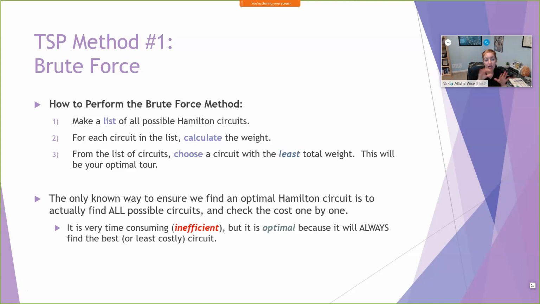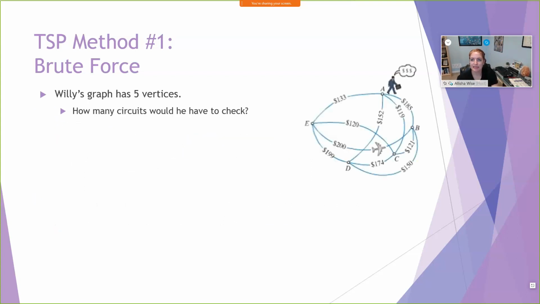That's a lot of work. So we don't generally do the brute force method. In reality, we use some of the other methods. I could go on and on about order and time, but we're on a time limit. So let's go ahead and see how to do the brute force method.